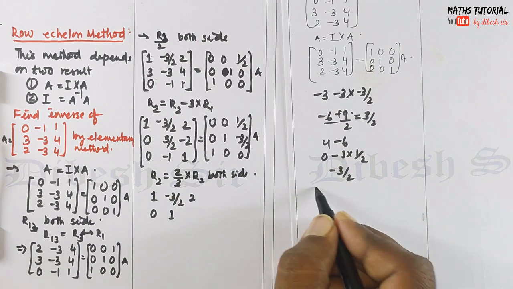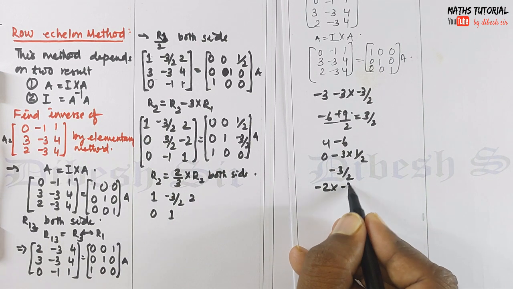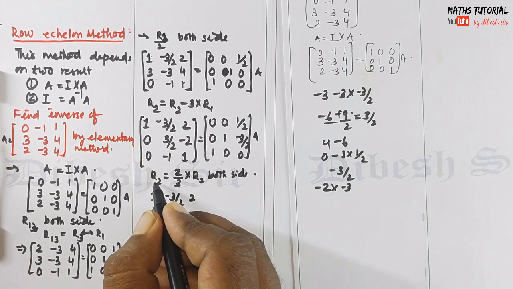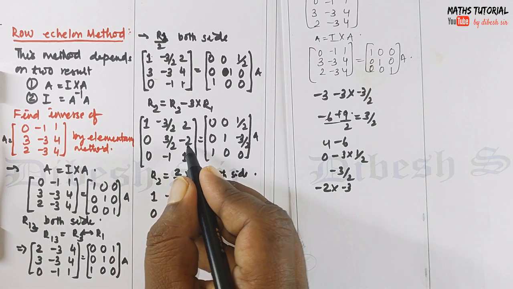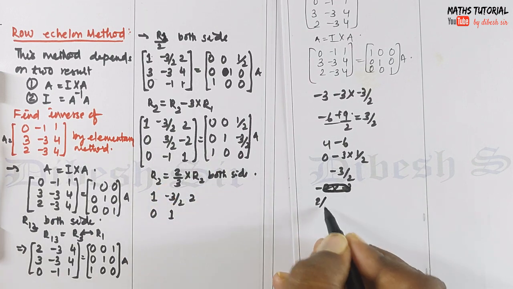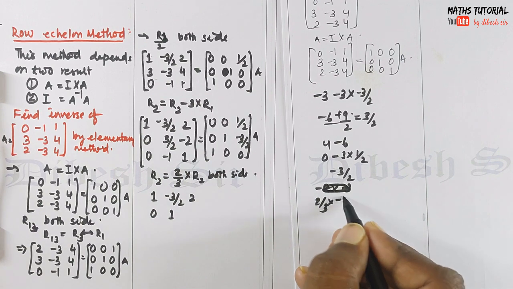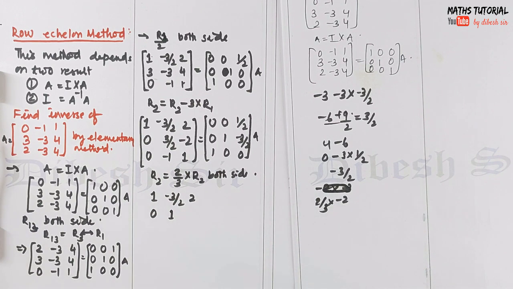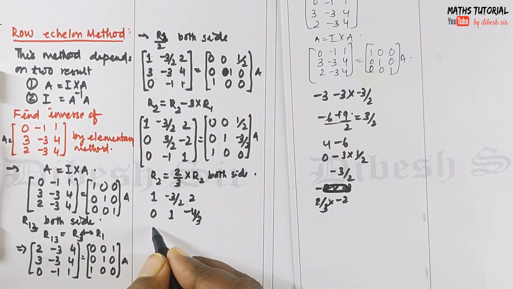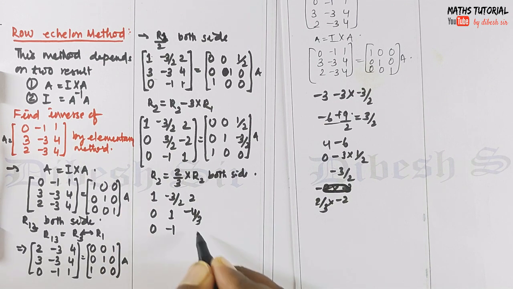Then minus 2 into 2 by 3, that is minus 4 by 3, minus 4 by 3, then 0, minus 1, 1.